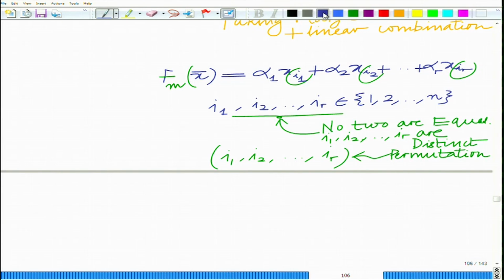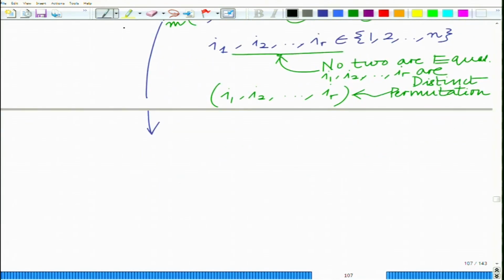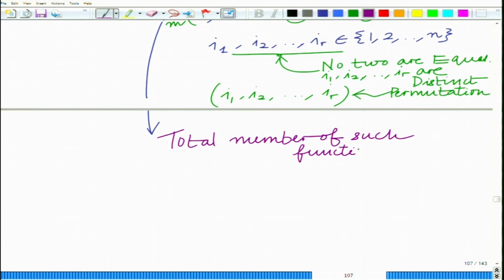And what is the total number of such functions?